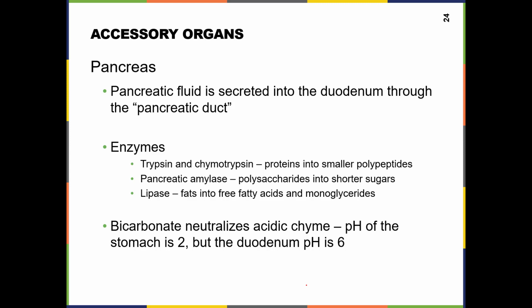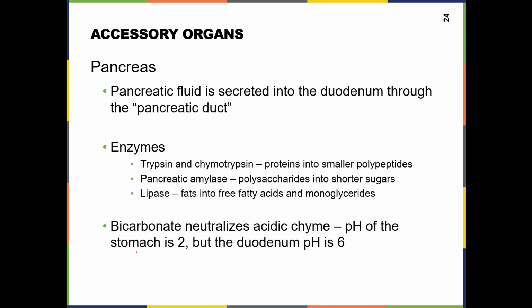All right, so we said the pancreas makes trypsin, it makes bicarbonate, it makes lipase, it makes amylase. All of that is squirted into the duodenum. And the little tube that connects to the duodenum is called the pancreatic duct.